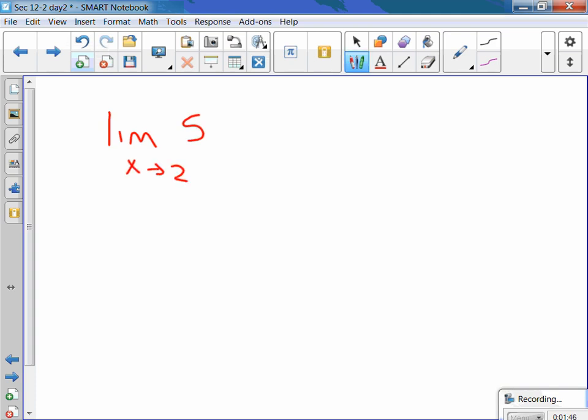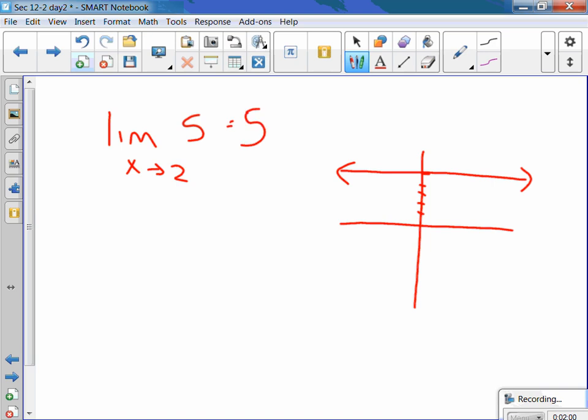What's the limit of 5 as x approaches 2? Absolutely. What's the limit of 5 as x approaches 7? 5. What's the limit of 5 as x approaches negative 5 million?